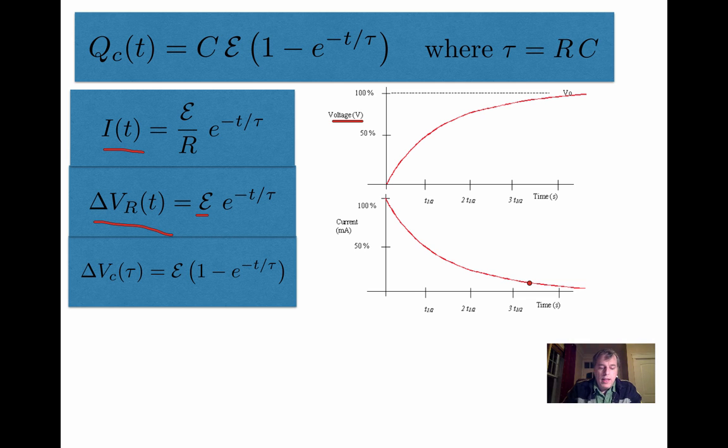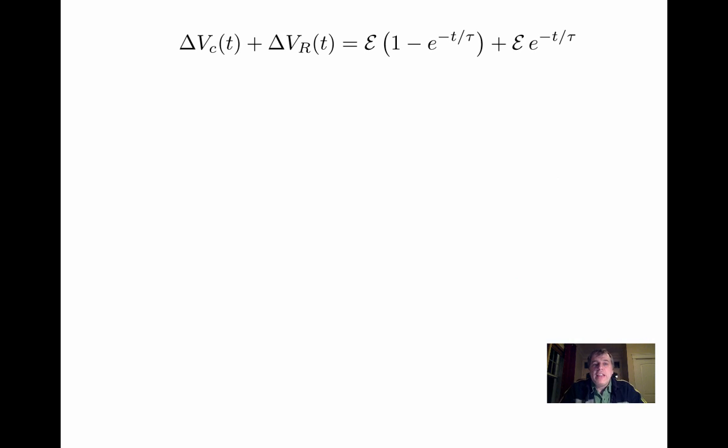Okay. Now, just a last comment about these equations. Notice that if you look at the voltage across the capacitor and the resistor and you add them up, and here I'm really adding the two values at any time. So this is the voltage across the capacitor at any time, and I add that to the voltage across the resistor at any time.